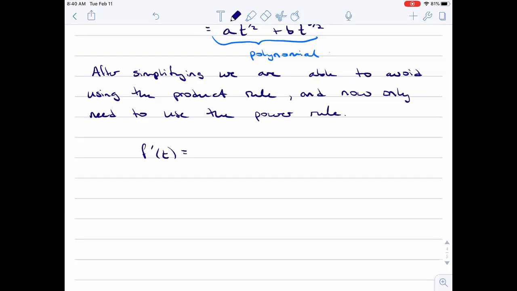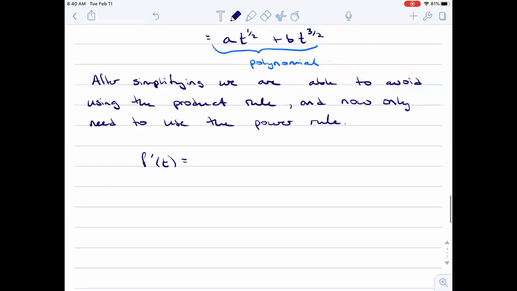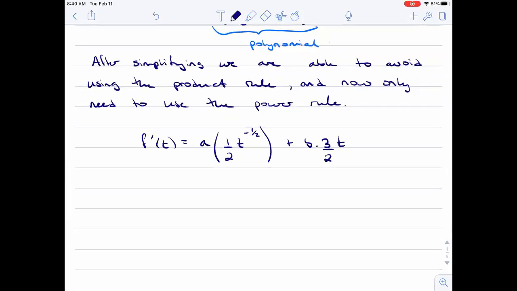So f prime of t is going to be a times 1/2 t to the negative 1/2 plus b times 3/2 t to the 3/2 minus 1, which is 1/2.